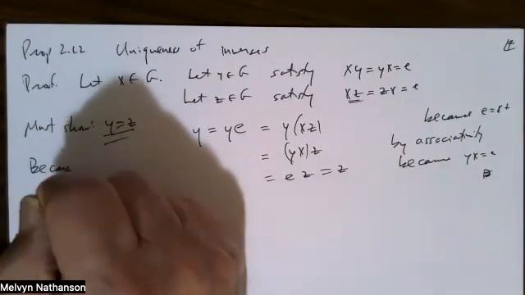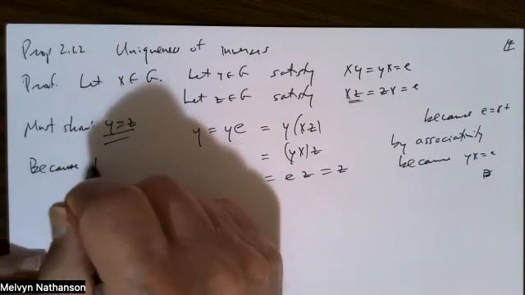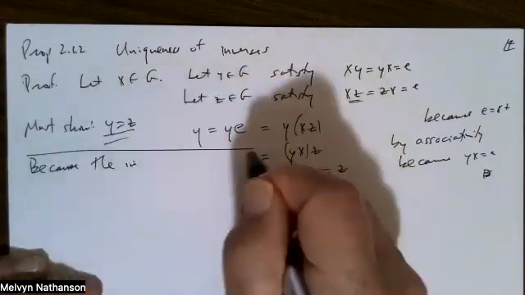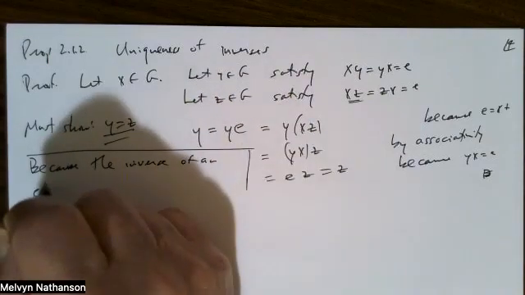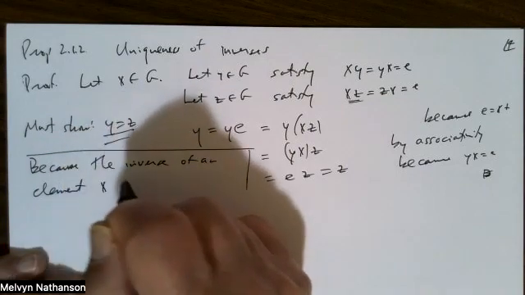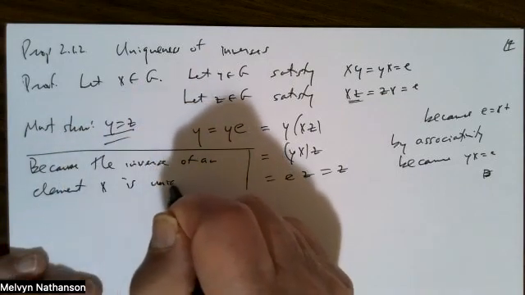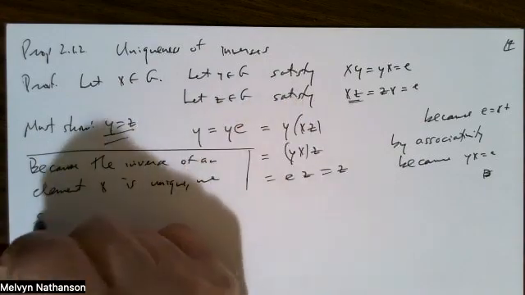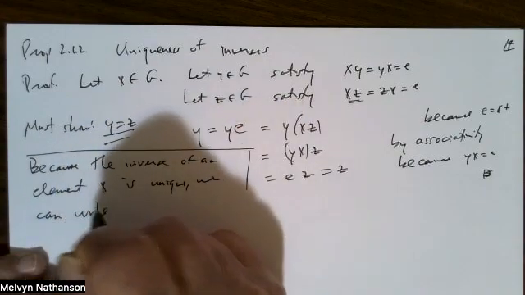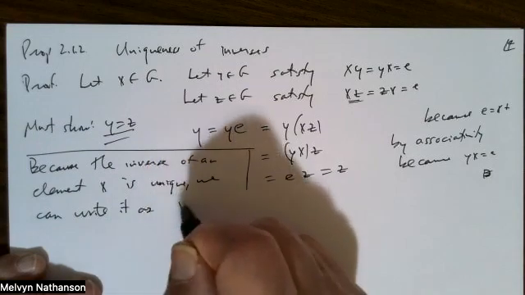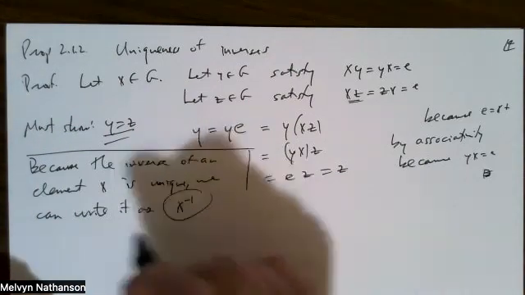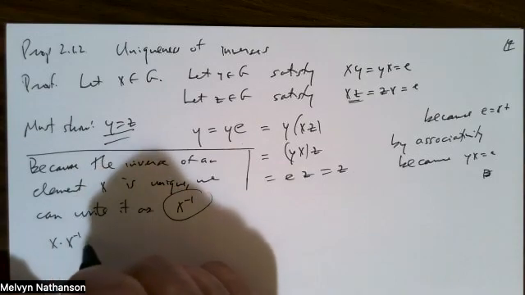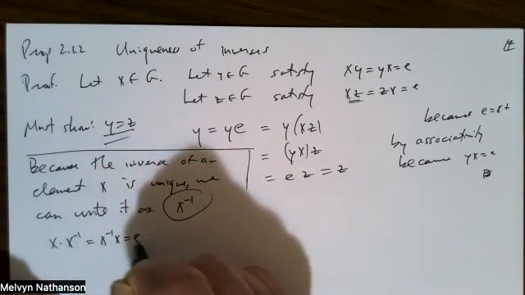And I can make the following very important observation. Because the inverse of an element X is unique, we can write it as just X to the power minus 1. That means the inverse of X, and we just proved there's only one, that's unambiguous. So X times X inverse, or X inverse times X, is the identity.